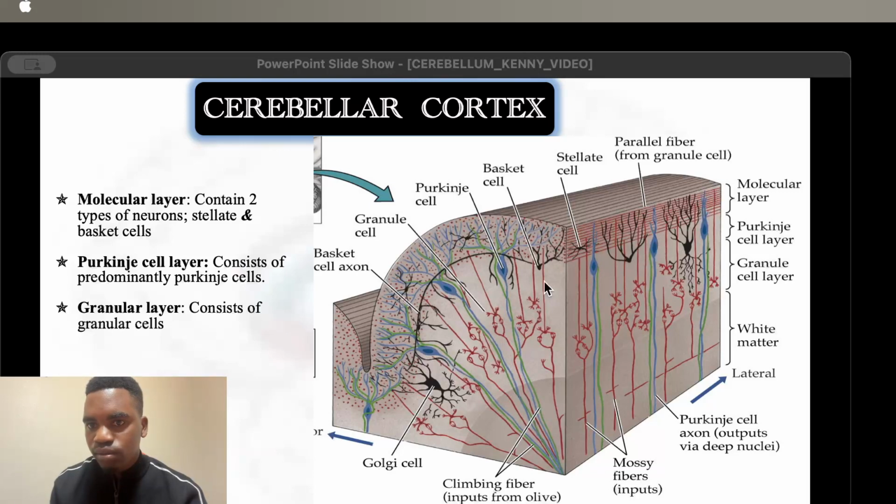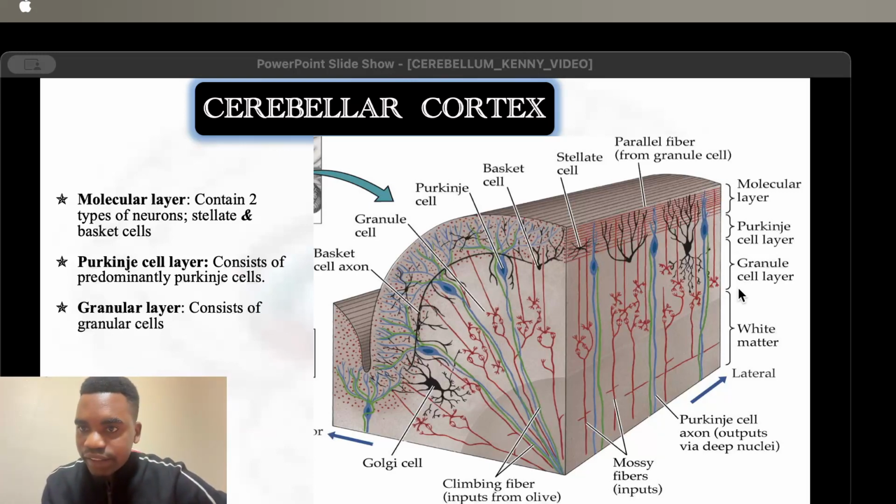These bluish cells are the Purkinje cells. And then we have the molecular layer, the outermost, which has a lot of cells within it: basket cells and stellate cells, and some terminal axons of these cells, the Morse fibers and so on.